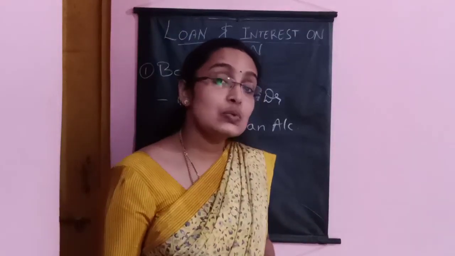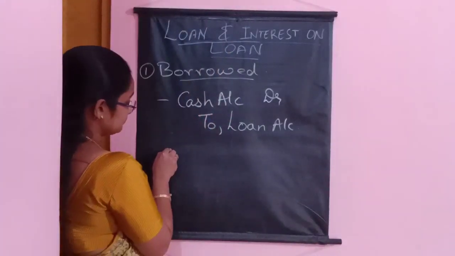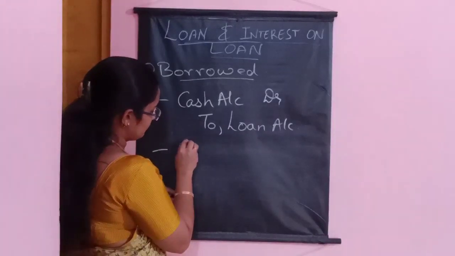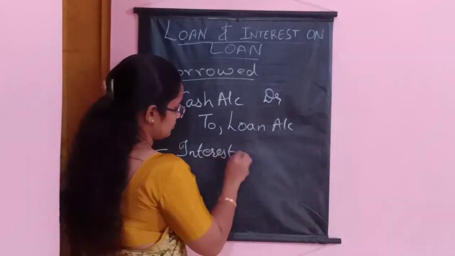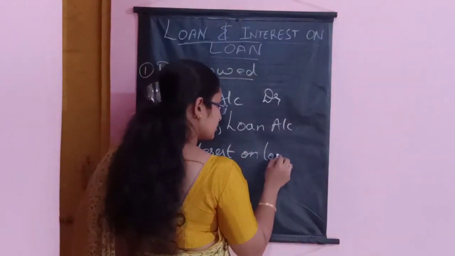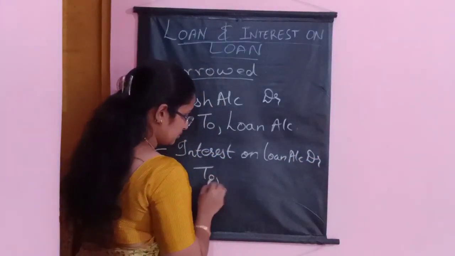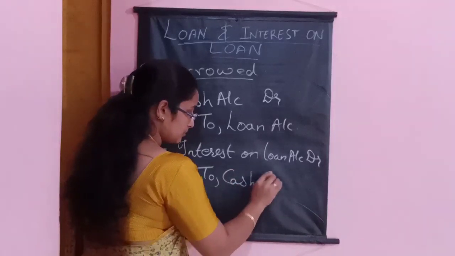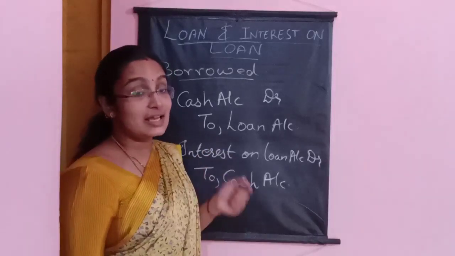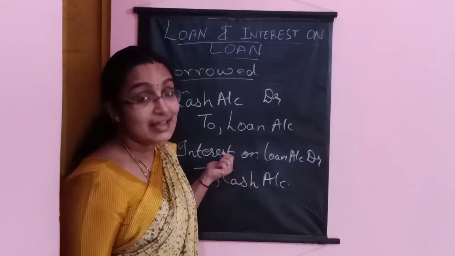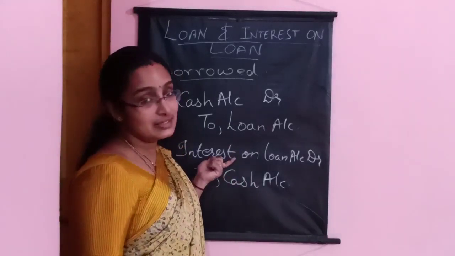The entry will go as interest on loan account debit to cash account, as the interest is our expense and the cash is going out. So cash will be credited and interest will be debited.